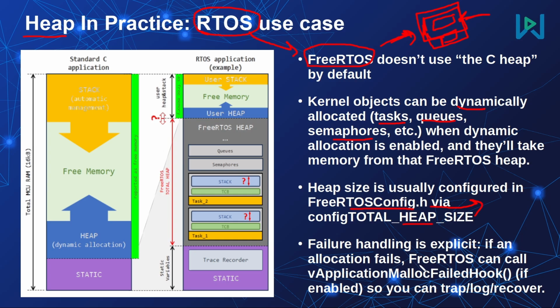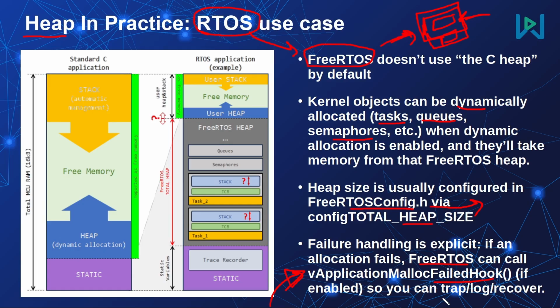FreeRTOS will have a more strict scheme to control the allocation of space within the heap memory. So if the allocation fails, then FreeRTOS will have a fallback default function or hook function to detect such failure.